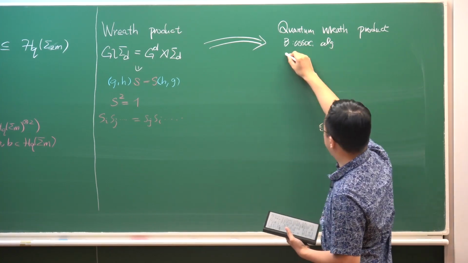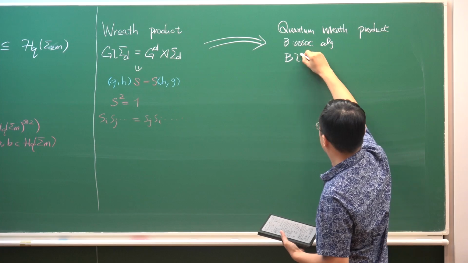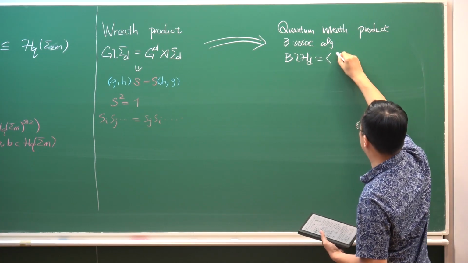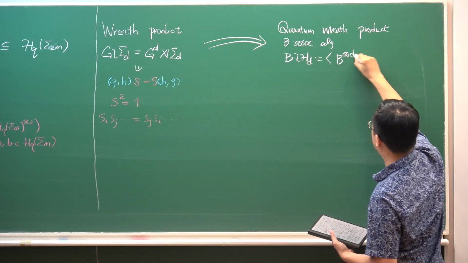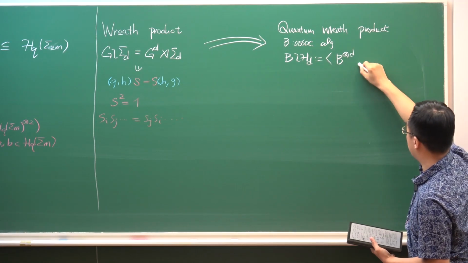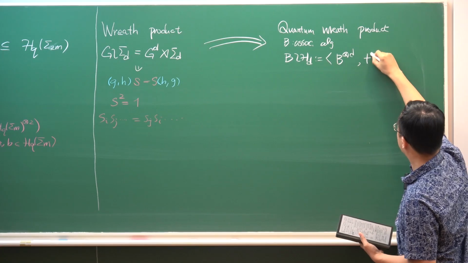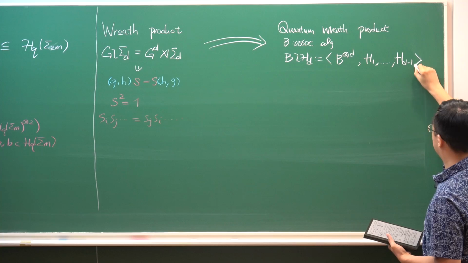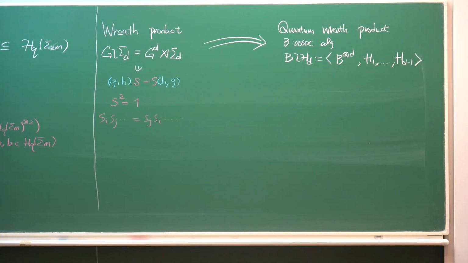So we have a new algebra that is generated by the tensor power of this associative algebra together with Hecke-like generators. But these are formal symbols at the moment.